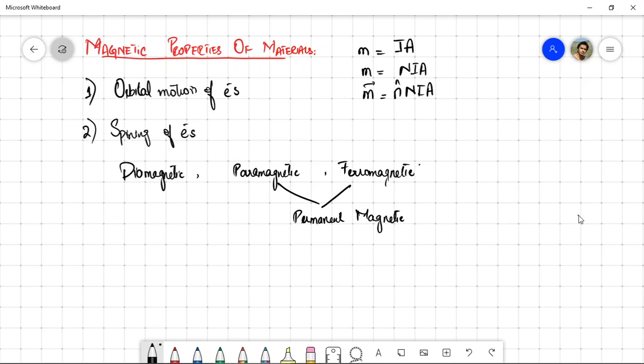We said that whenever they are placed in the vicinity of an external electric field, the poles are induced, and whenever that field is removed, the poles vanish. So paramagnetic and ferromagnetic materials are the type of materials which have permanent magnetic moments, which have permanent values of m, but they are a lot different from each other. We will explain that later. But in diamagnetic materials, there is no permanent magnetic moment.